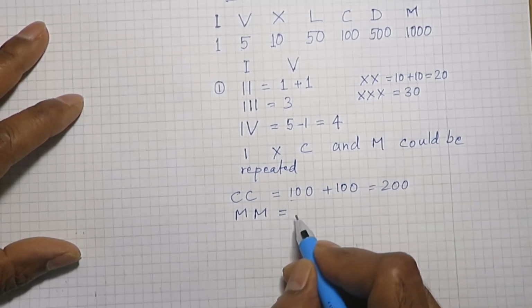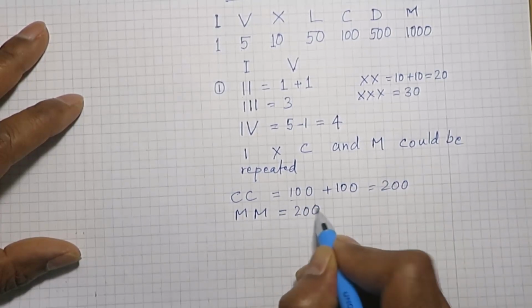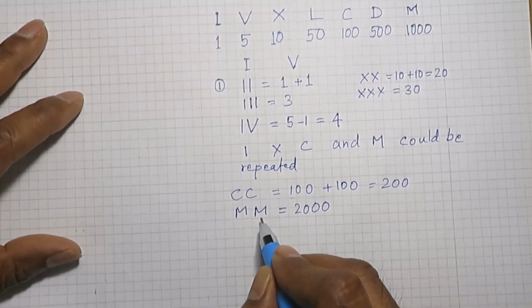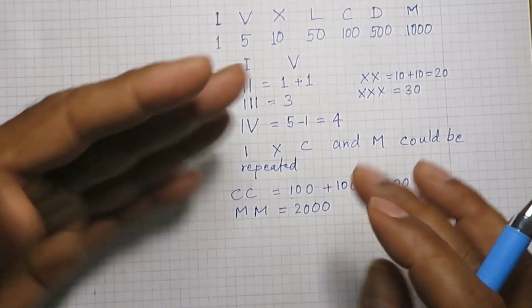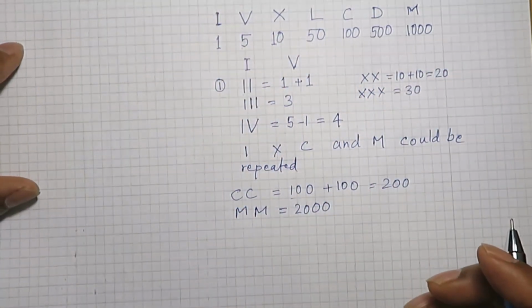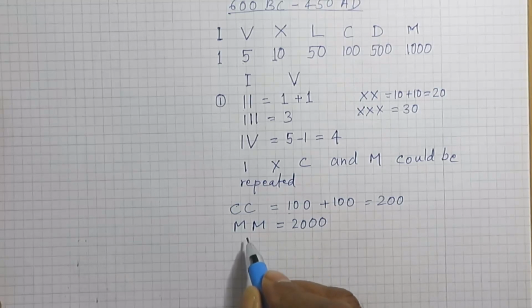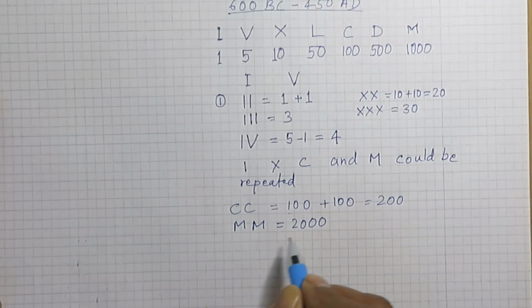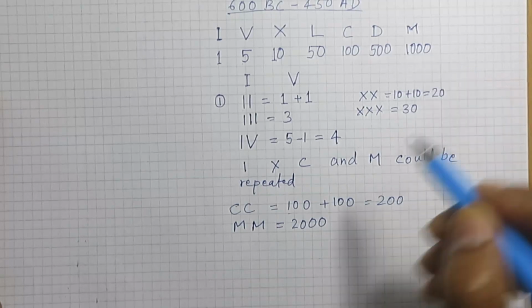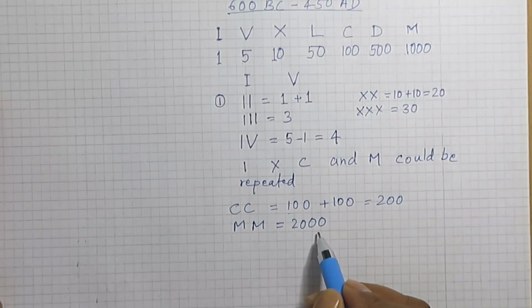Today I can say it is 1000 and we understand what that means, but at that time it was very difficult, because 2000 you cannot even count on fingers. So here if we write MM, that means 1 M is 1000, so this is 2000.